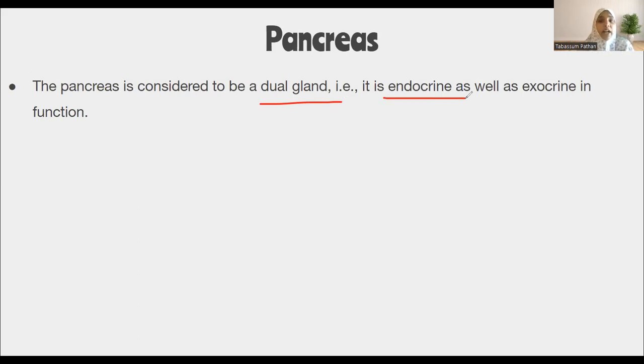So it is exocrine as well as endocrine in function. Exocrine means it releases the bile juices and pancreatic juices via the ducts, which helps in the digestion process. It is also endocrine in nature because it secretes hormones like insulin and glucagon, which are directly released into the bloodstream.